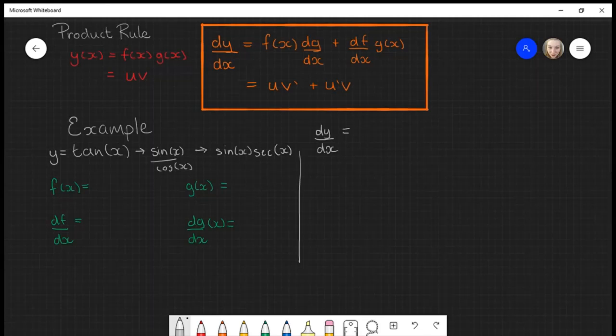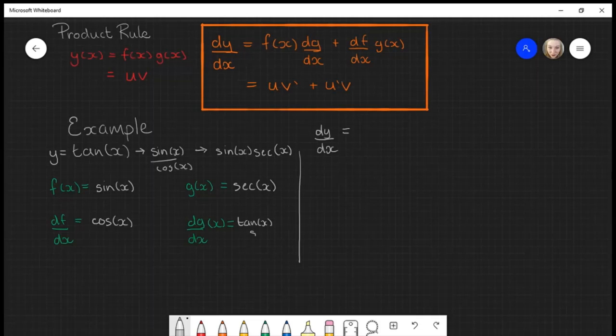Using this, f(x) is sine x. Therefore, differential of f(x) is cos x. g(x) is sec x. And then the differential of this is tan x sec x.